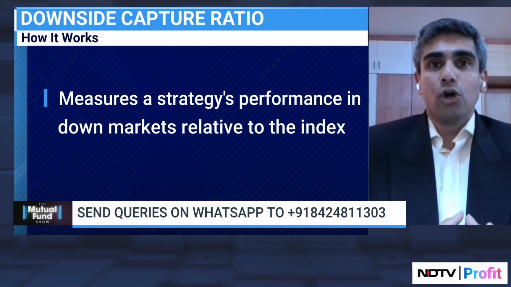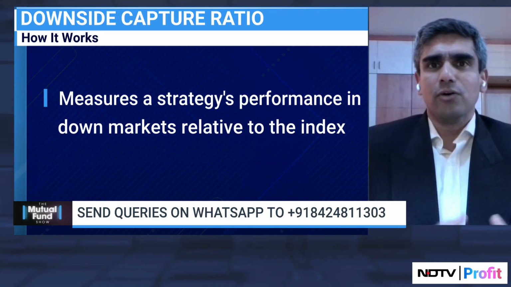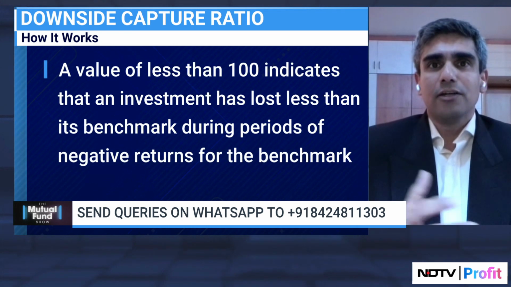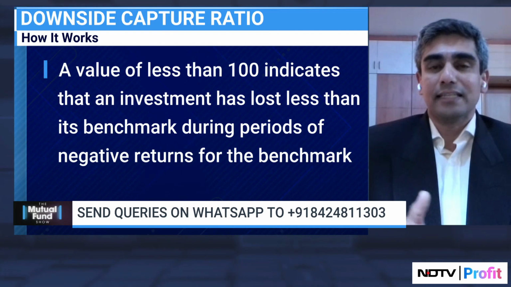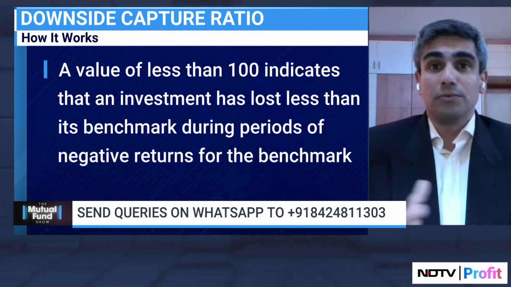A lot of fund managers across various time periods have done a pretty good job of managing this downside protection quite well. You would see many funds ranging in that 70-80% down capture ratio, which is a good sign.